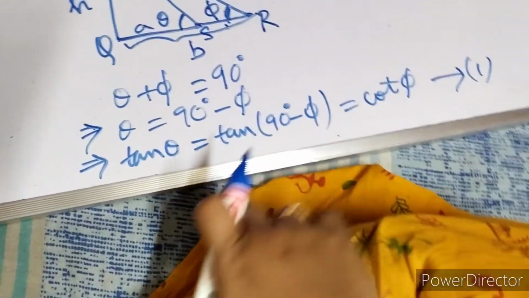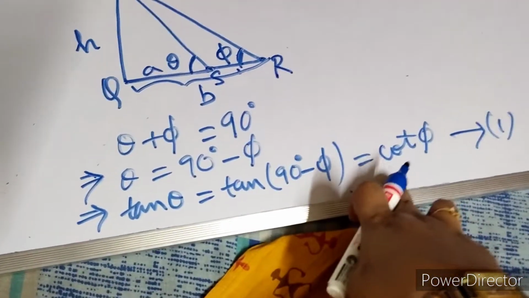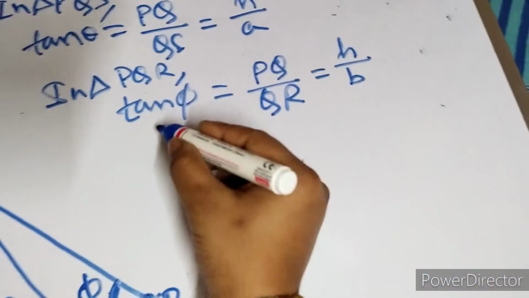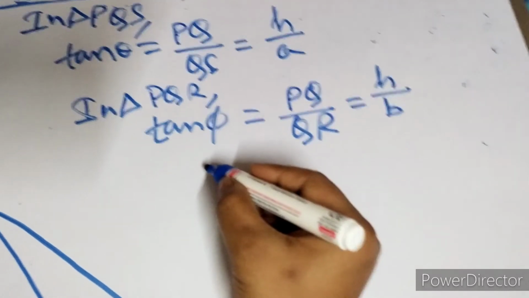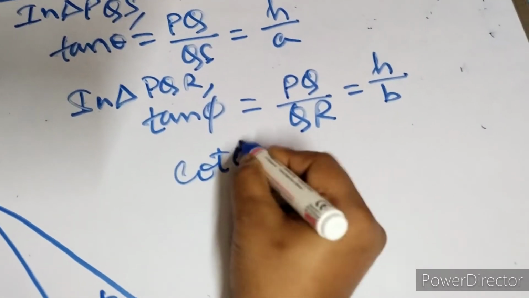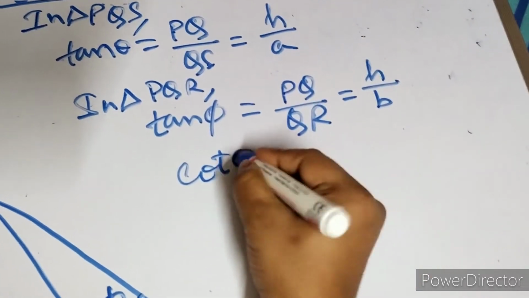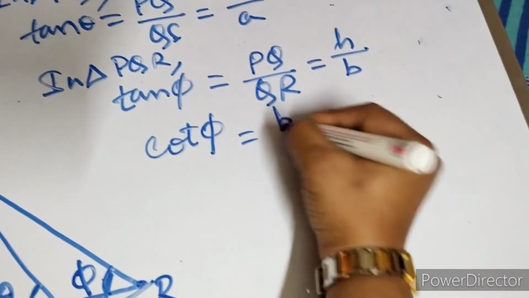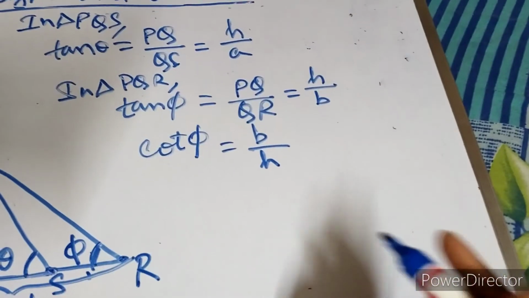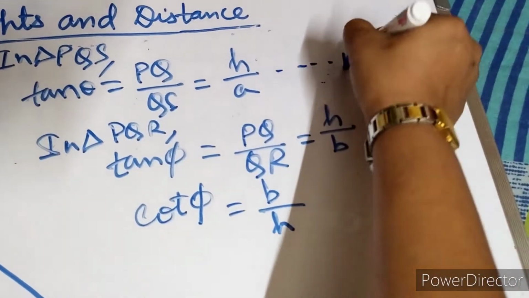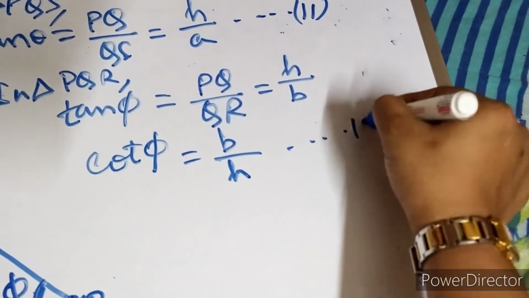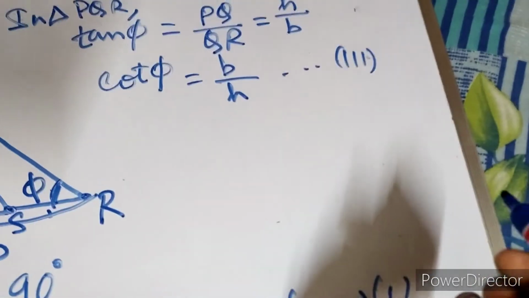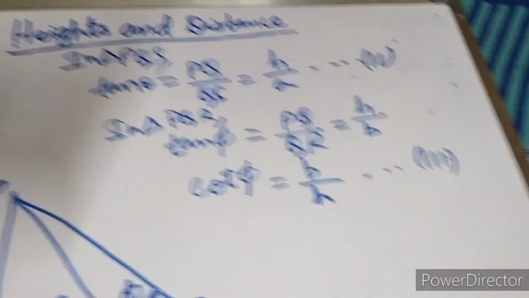Now in relation number 1, we have seen that tan theta equals cot phi, so we are required to find cot phi. The reciprocal of tan phi is cot phi, so if tan phi is H by B, then cot phi will be B by H. Right? So now this is 2, this is 3.